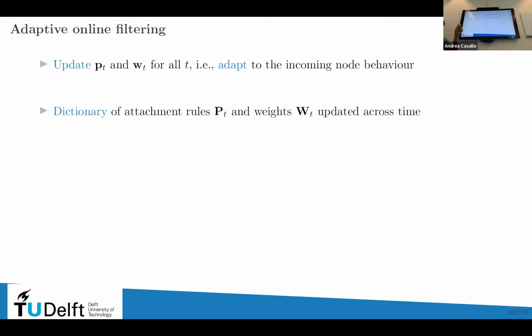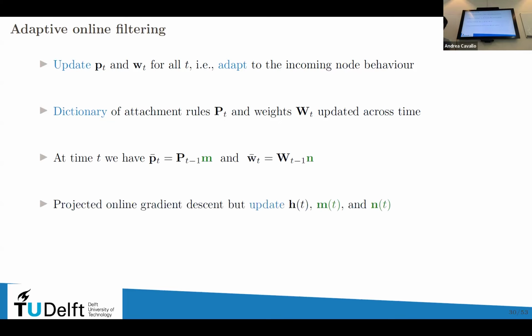Based on these metrics, we can take some dictionaries, and then we weigh them through these parameters M and N. So now M and N can be updated to account for the PT and WT. So at each step now we do projected gradient descent with H, M, and N. Yeah, and this incurs more complexity. You see now that the complexity already depends on NT because of this stochastic nature. But yeah, this is just how it comes out, right?